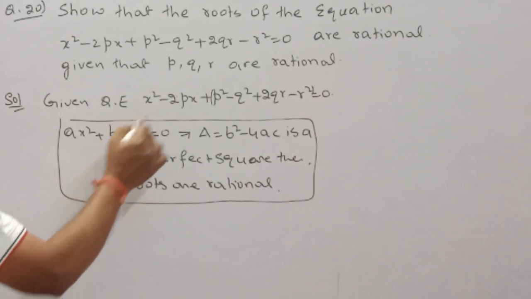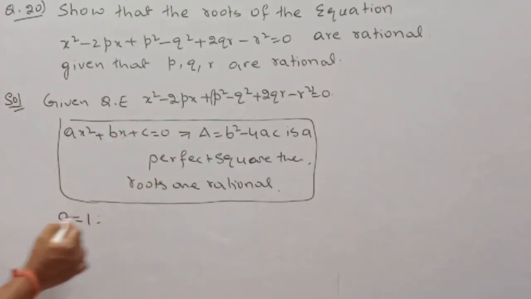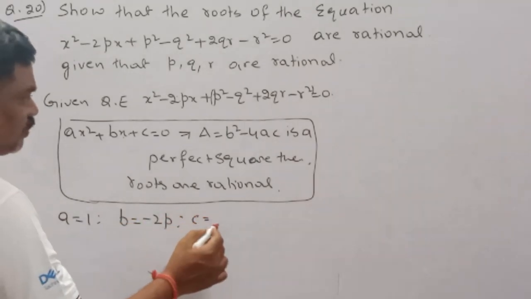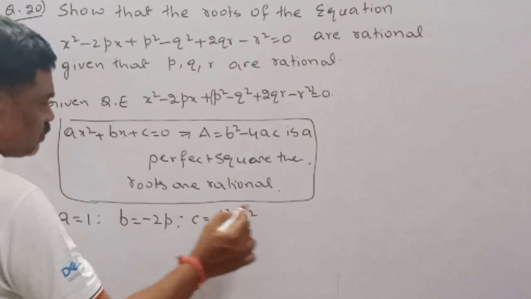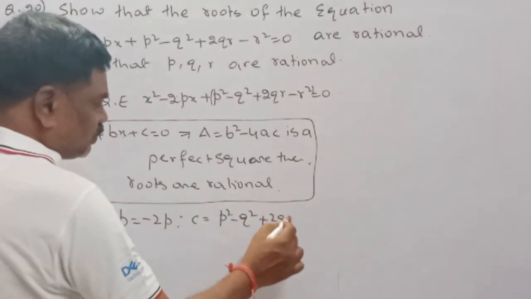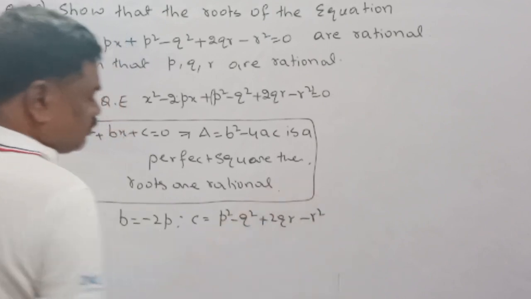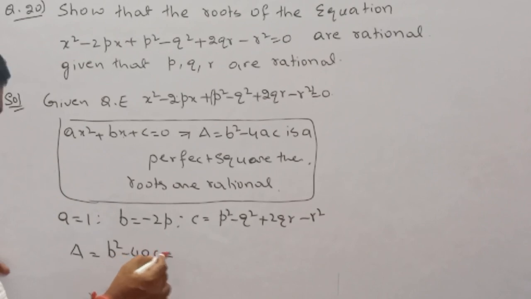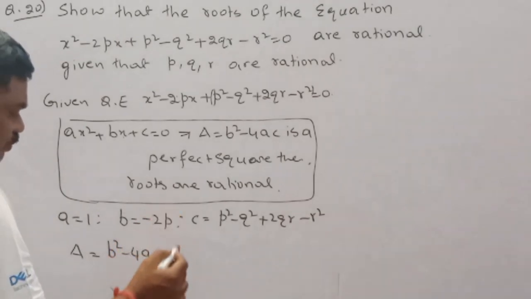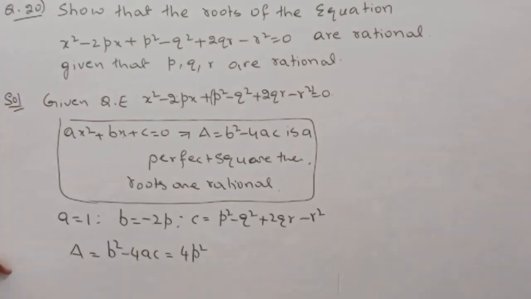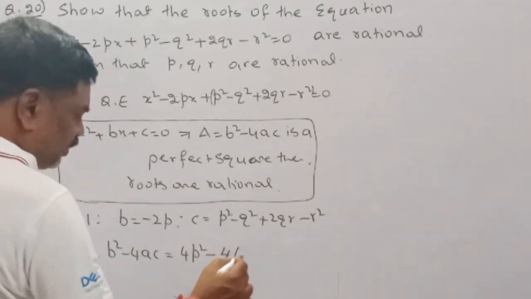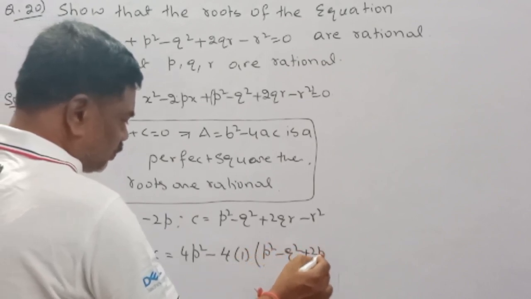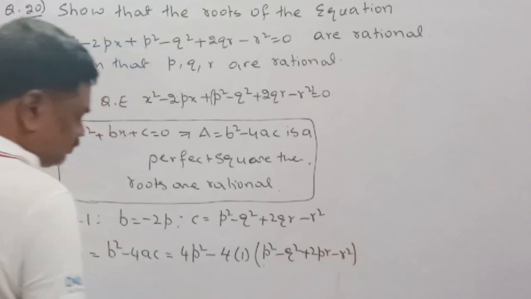So by comparing these two, a is equal to 1, b is equal to minus 2p, c is equal to p square minus q square plus 2qr minus r square. Then delta is equal to b square minus 4ac. B square is minus 2p whole square, that is 4p square, minus 4 into a into c, p square minus q square plus 2qr minus r square.